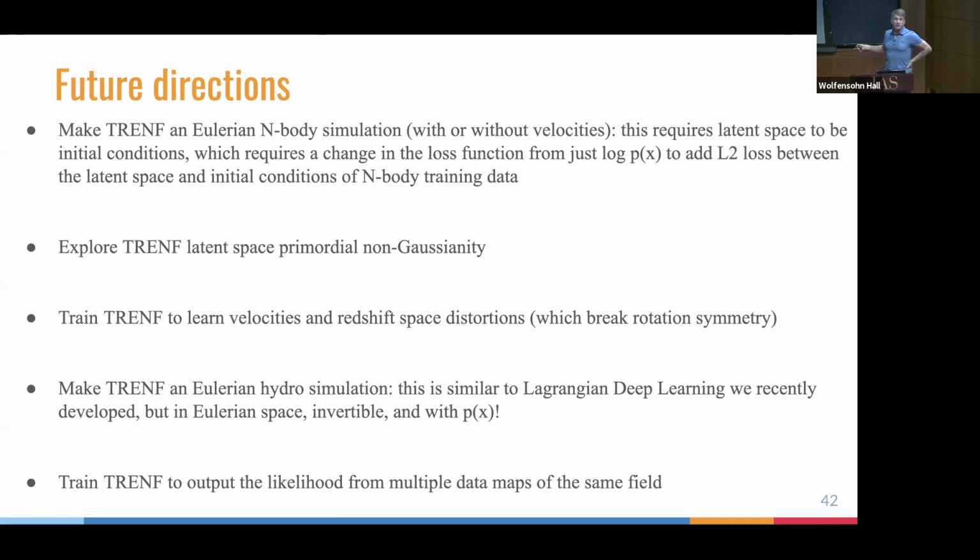And then finally, once we have this done for several different outputs, we can then also learn the likelihood with several maps of the same area as input. So the ultimate goal is you want to combine, I don't know, KSZ and TSZ, galaxies and maybe dark matter, all of the same field. So they're all observing the same data X, but in different tracers.